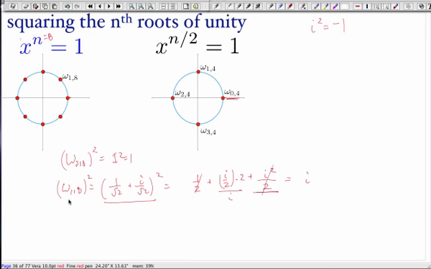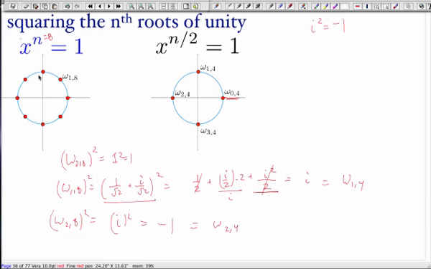So it turns out that omega 1,8 squared is going to be omega 1,4. And now you should verify to yourself, what is omega 2,8 squared? So this is i squared, and that's going to be negative 1, which is omega 2,4.